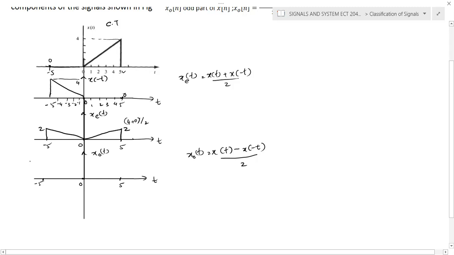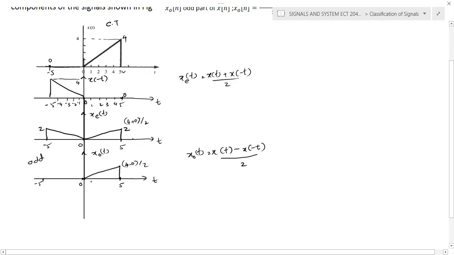Or otherwise, we know that for odd signal, at t is equal to 0, the function magnitude is 0. Now we can look at what will be the amplitude at t is equal to 5. For the first signal, it's 4, and for the second signal, it's 0. So 4 minus 0 by 2. So you'll get again 2 here.